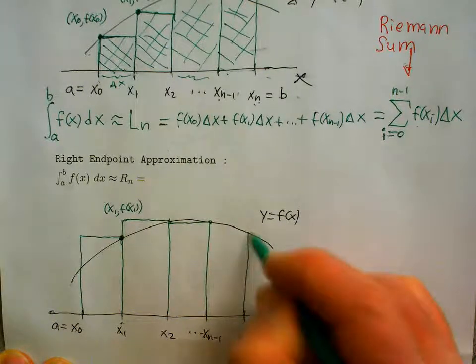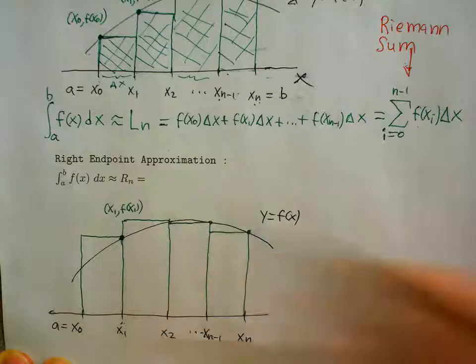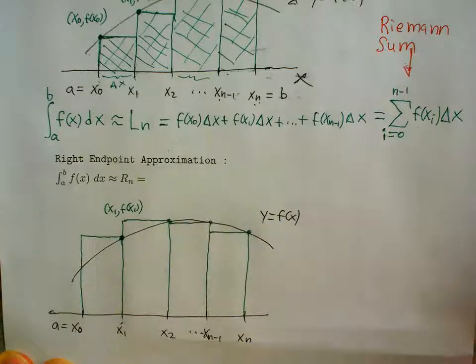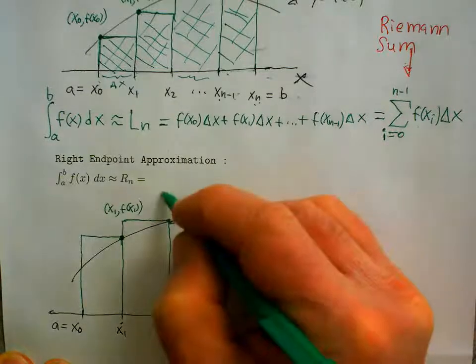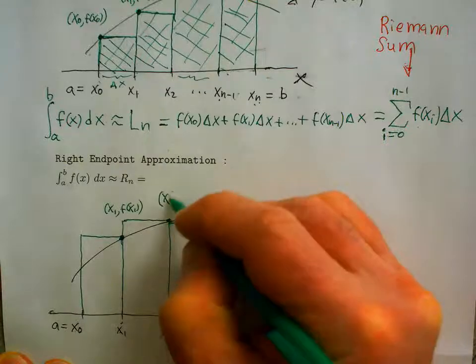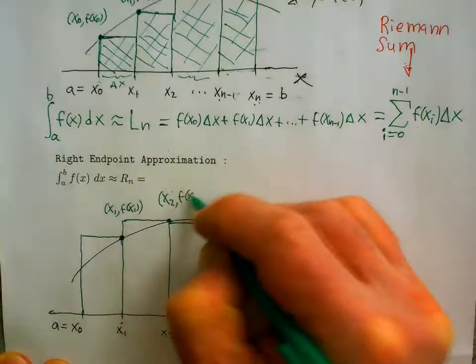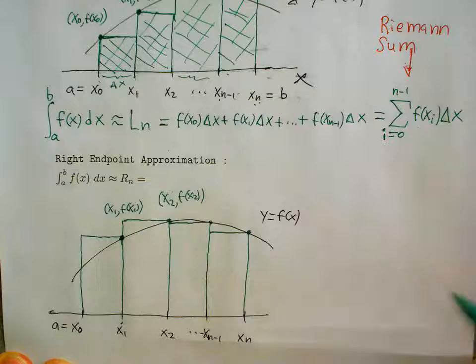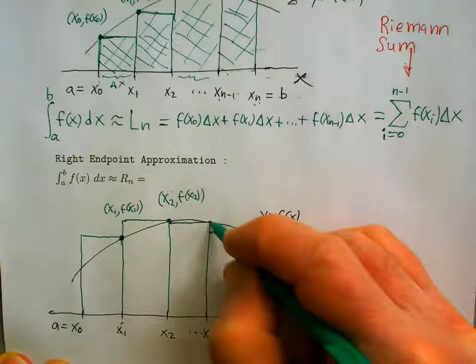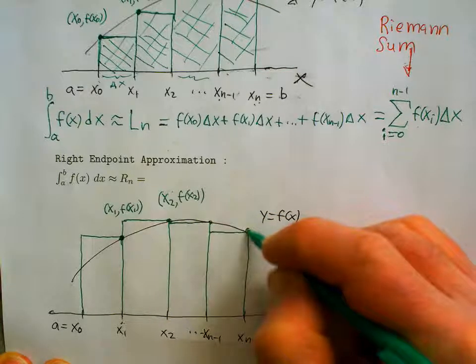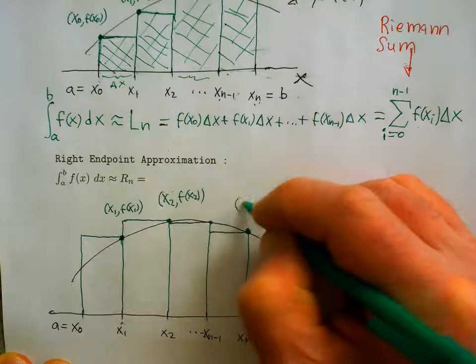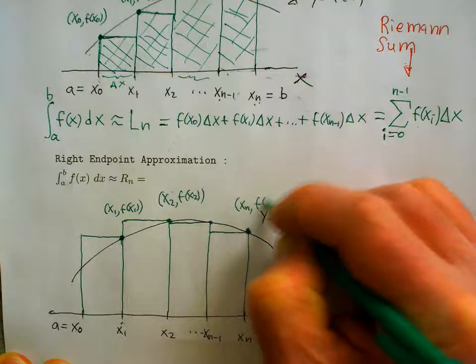So I'll label a couple more of these. This point is x sub 2, f of x sub 2. And we need the last one, so the last one is x sub n, f of x sub n.